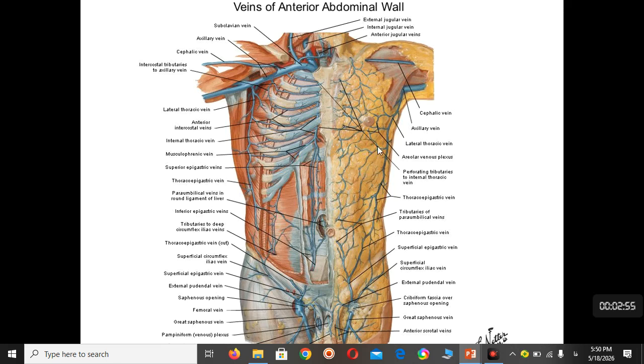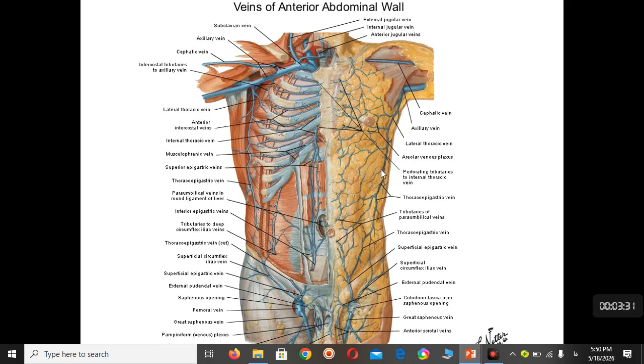One of them is the lateral thoracic vein that, when it comes inferiorly, continues with the thoracoepigastric vein. It is a long superficial vein that in the inferior is related to the great saphenous vein and the femoral vein, and in the superior this thoracoepigastric vein goes to the lateral thoracic vein, and then this is related to the axillary vein.